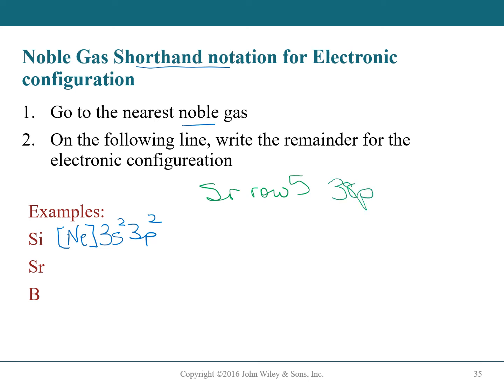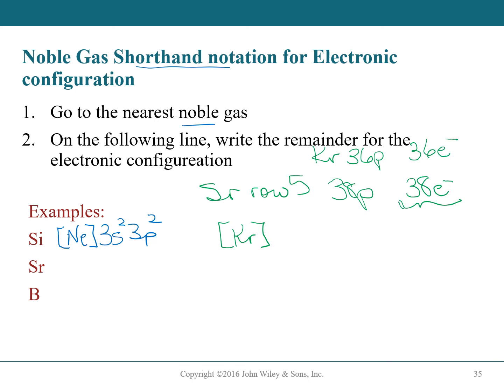So to be neutral, it must have 38 electrons, and this is what we're interested in. And the noble gas at the end of row 4 is krypton. So we'll start with krypton, and krypton has 36 protons, so 36 electrons. So all I have left are 2 electrons to work with.